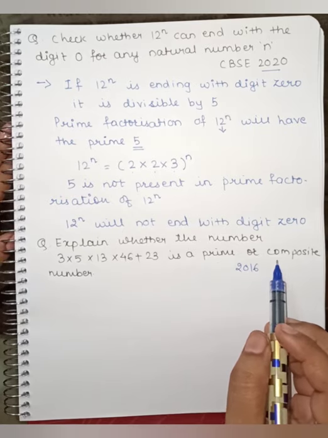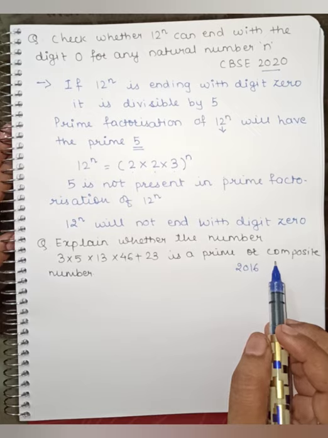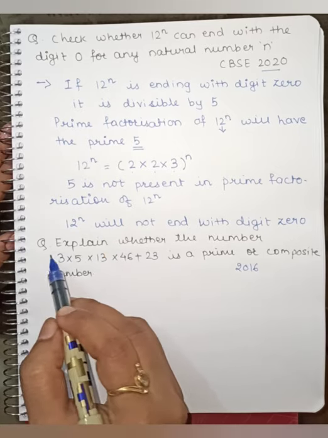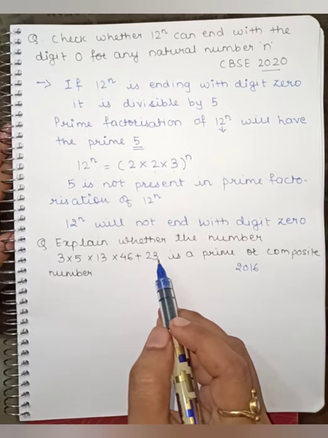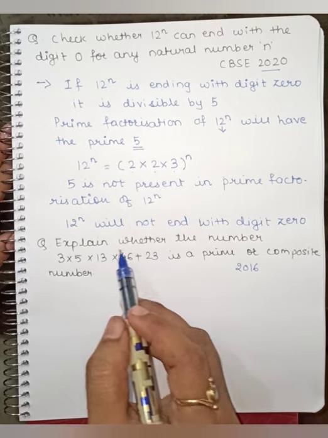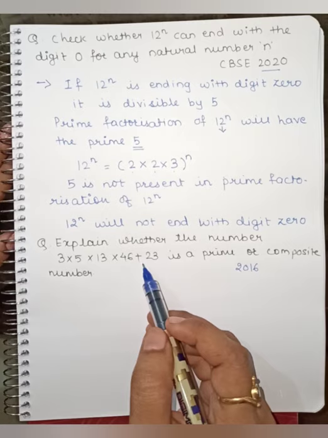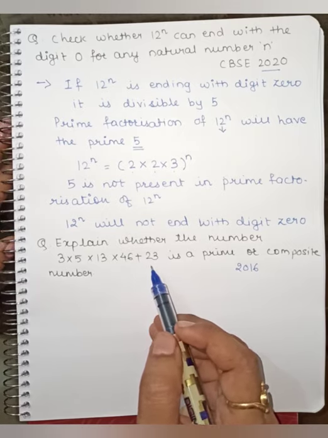And a number is said to be composite if it has more than 2 factors. So if I find out whether this given number has more than 2 factors, or any other factor other than 1, then definitely I could say that the given number is a composite number.